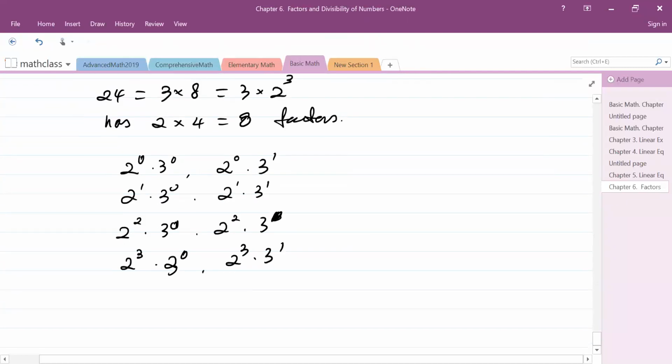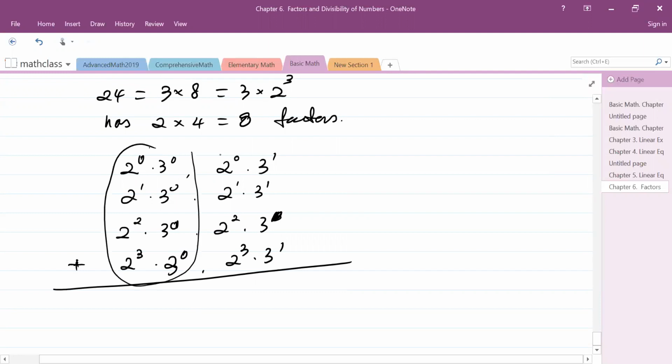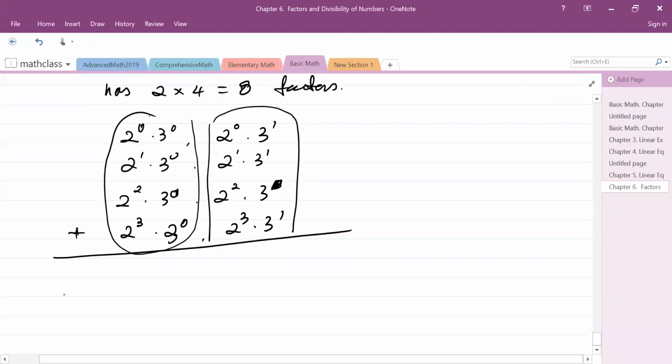So in total you have 8, right? You want all of them added together. How do you add them together? I think we should add those columns together. You have a common factor here.